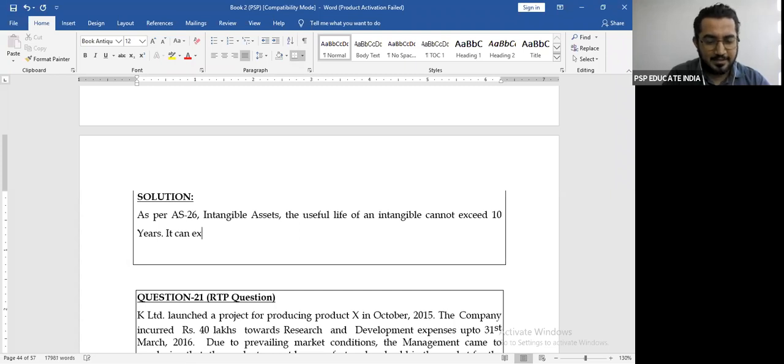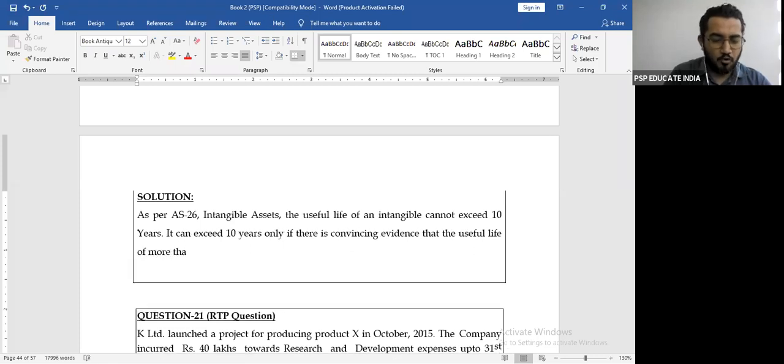It can exceed 10 years only if there is convincing evidence that the useful life of more than 10 years is justified.